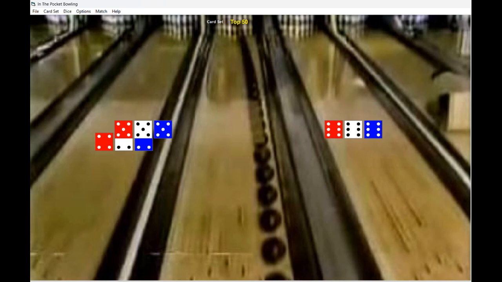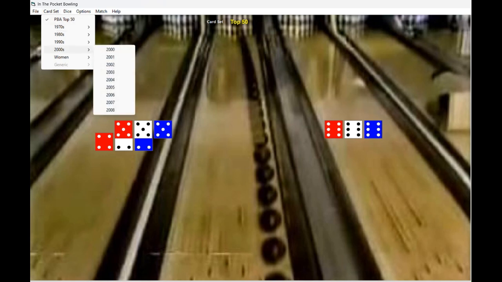So we're going to play some bowling, and I'm going to make sure I've got everything down. We're going to do a tournament each year. I can't create my own dice card set, right? No, can't.